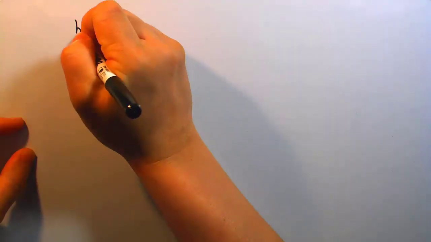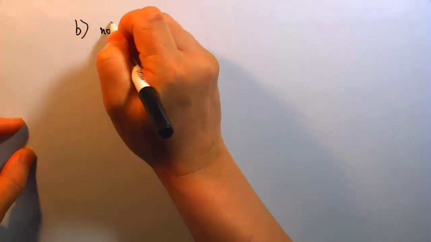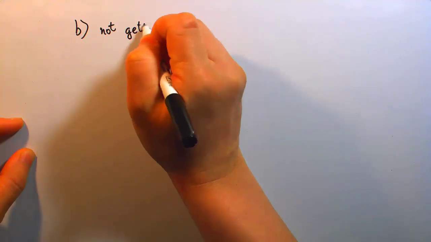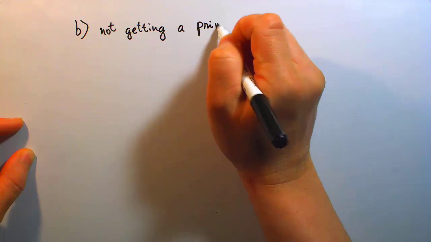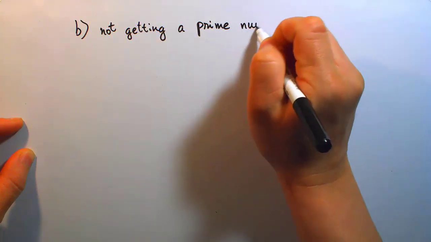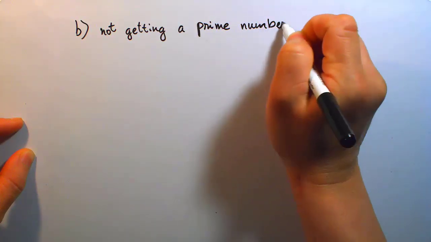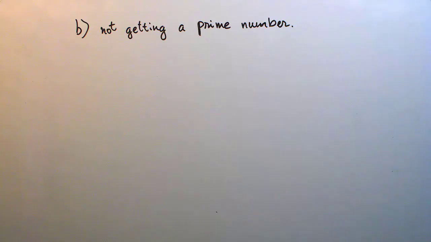So, in the same example, let's look for the probability of not getting a prime number. So here's another practice. Once again, remind yourself that we had a box of 10 markers labeled from 1 to 10, and 1 to 4 are blue, and 5 to 10 are red.